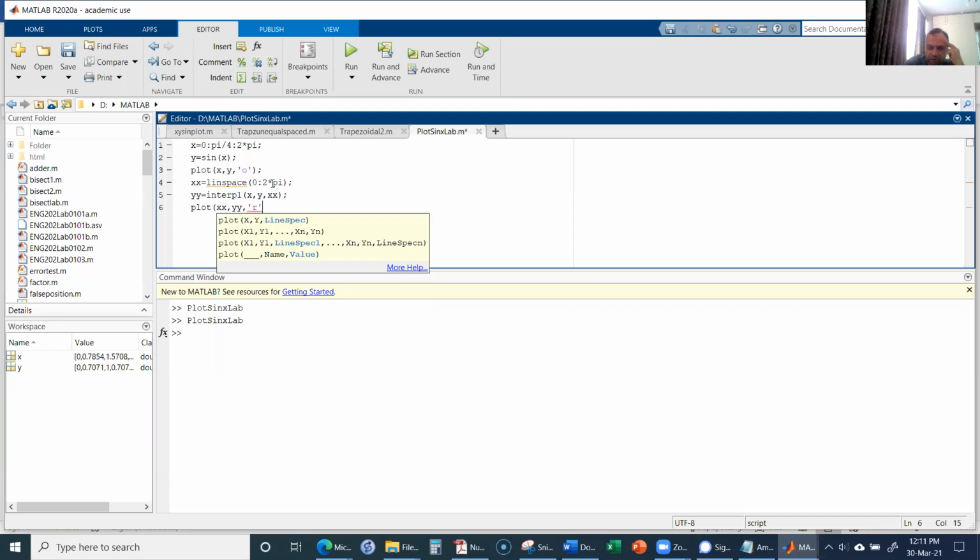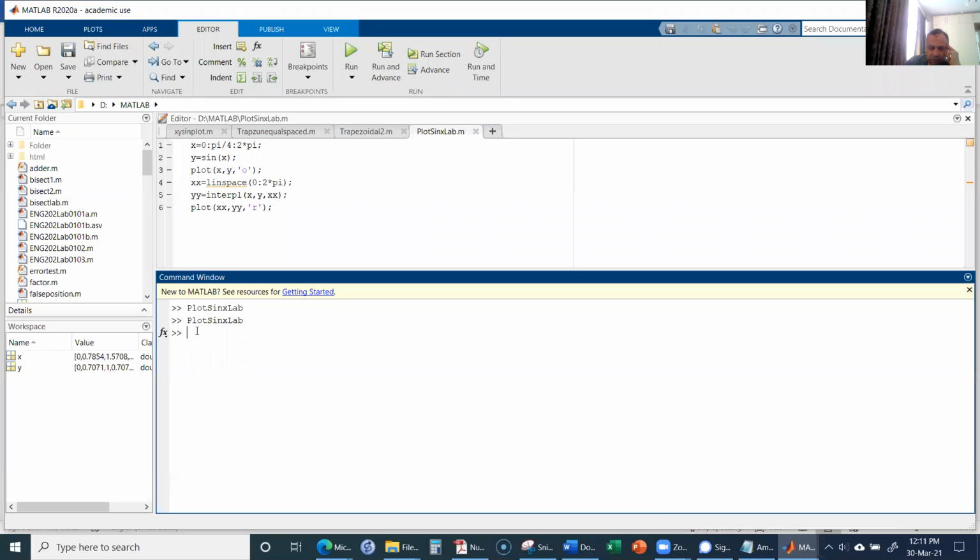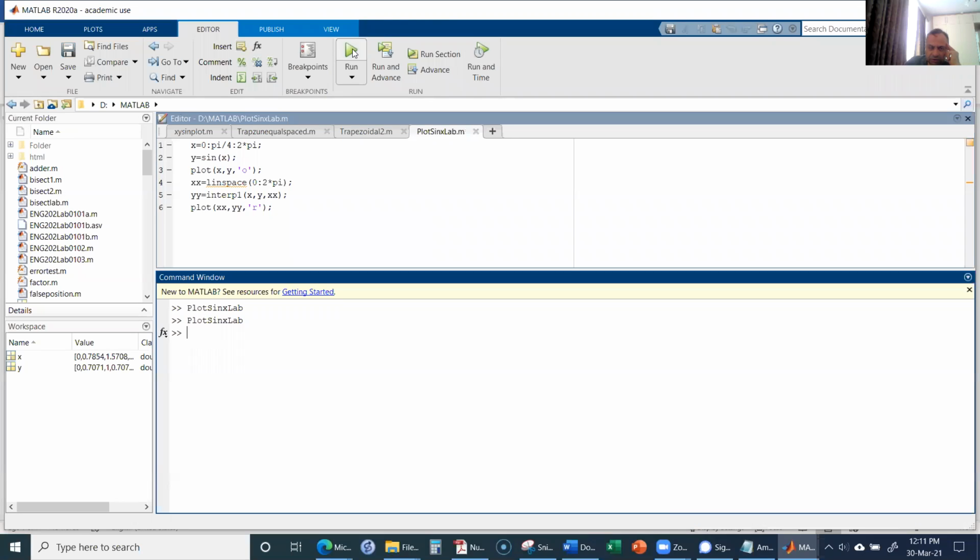For red line I will use this r in the inverted commas over here. So this r shows that I will show it with red lines, and I will close it. So now I will run this code.